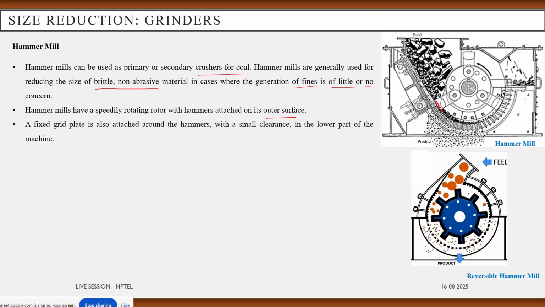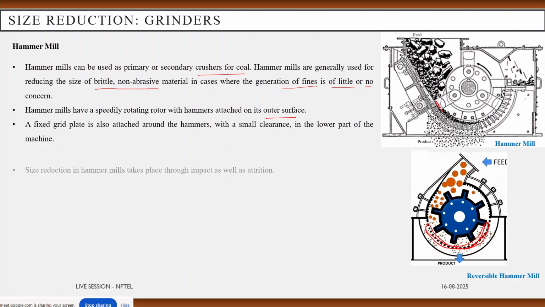A fixed grit plate is also attached around the hammer with a small clearance in the lower part of the machine. See this one, this lower clearance fixed plate, through which the particles pass through.